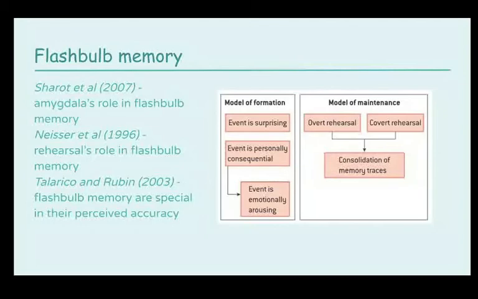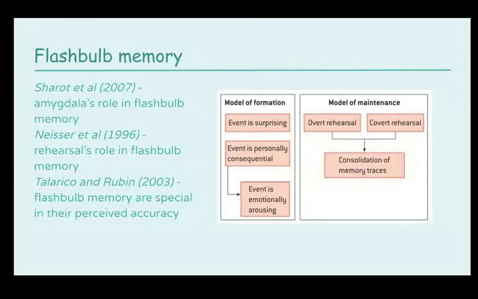And the amygdala has something to do with emotions, fear, and etc., which shows that flashbulb memories are special or unique in a way, because memory normally doesn't work like this. Memory normally doesn't pass through the amygdala. And this also shows that flashbulb memory is highly influenced by emotion.